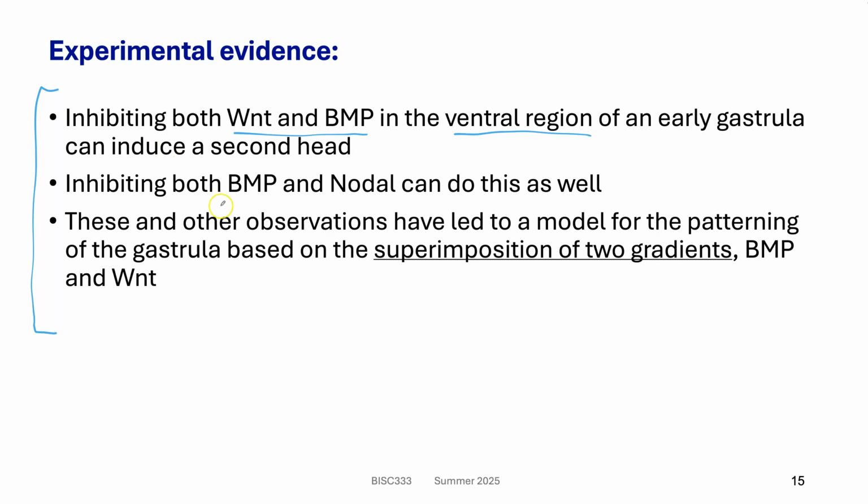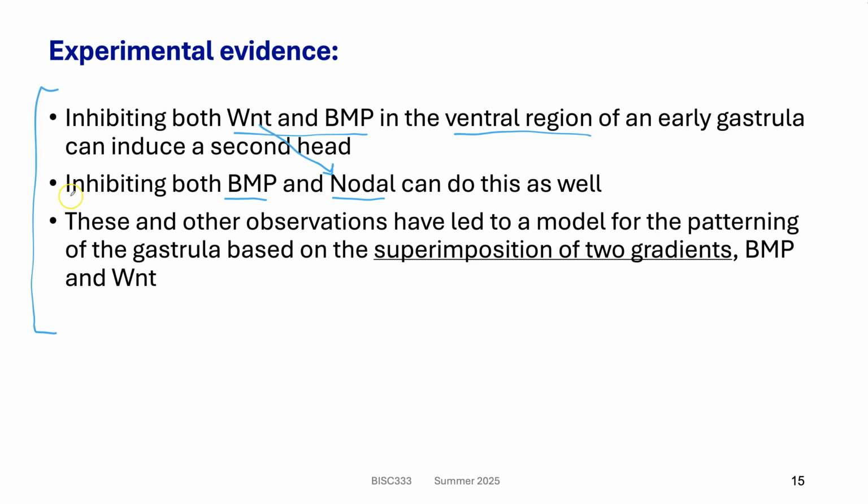And it turns out that inhibiting both BMP and nodal can do this as well. Remember that at this time, nodal is one of the targets of Wnt, right? So you can either inhibit Wnt and BMP, or one of the targets, the most important target of Wnt, as well as BMP, and you get the same result.